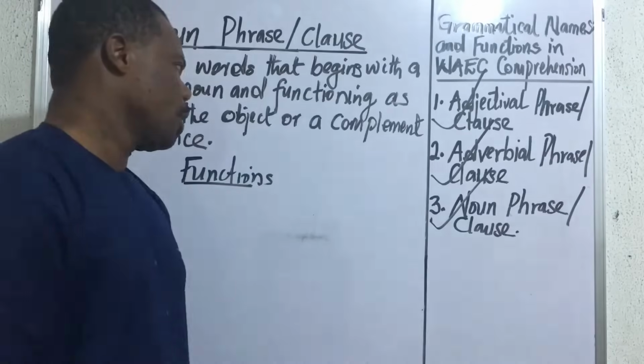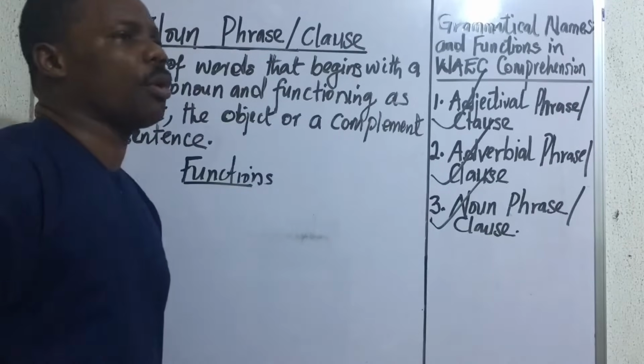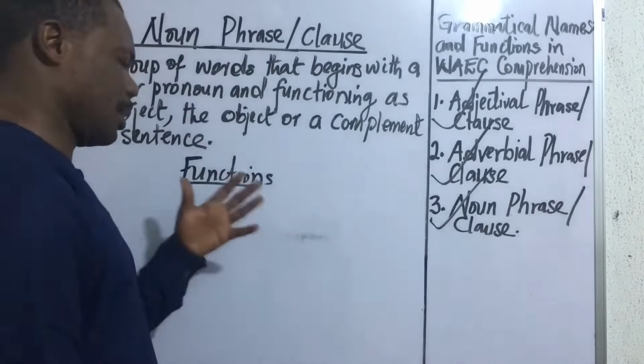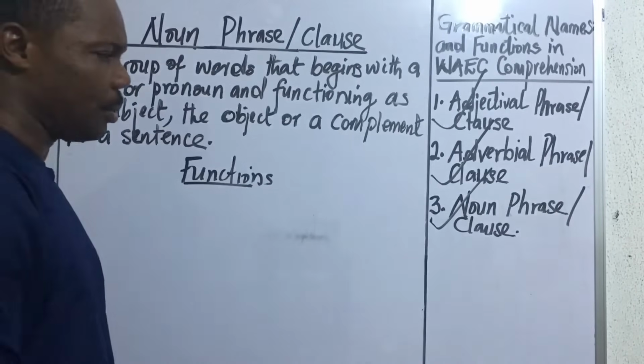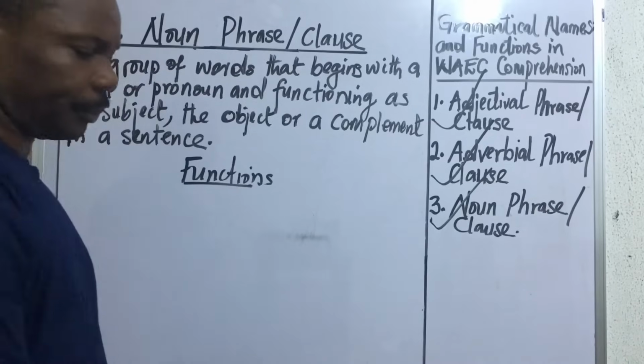Apposition. So these are the 6 possible functions of a noun phrase or a noun clause. Now we are going to try to list them out and look at how they work.